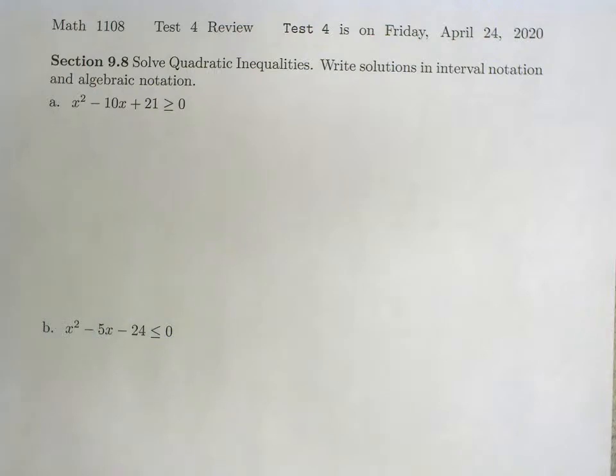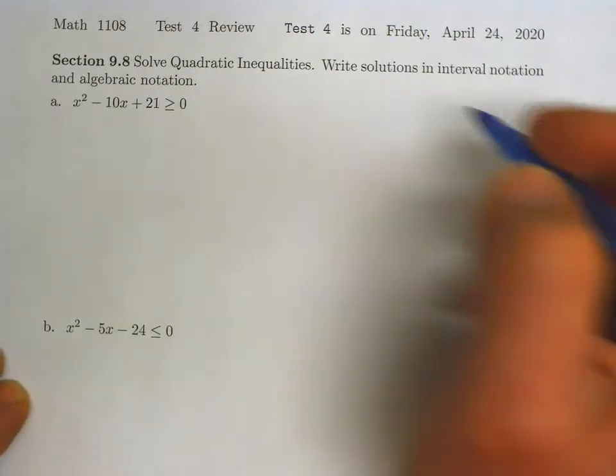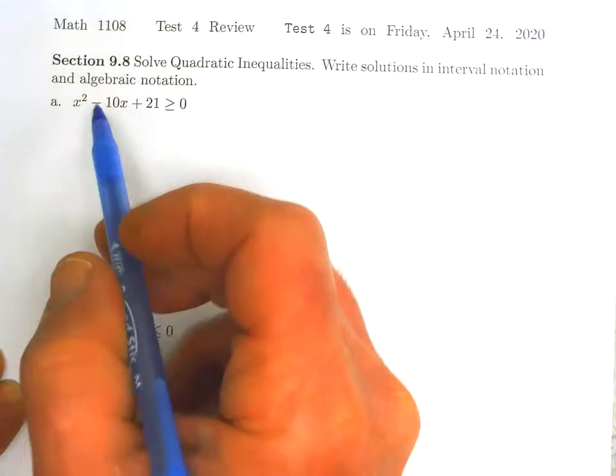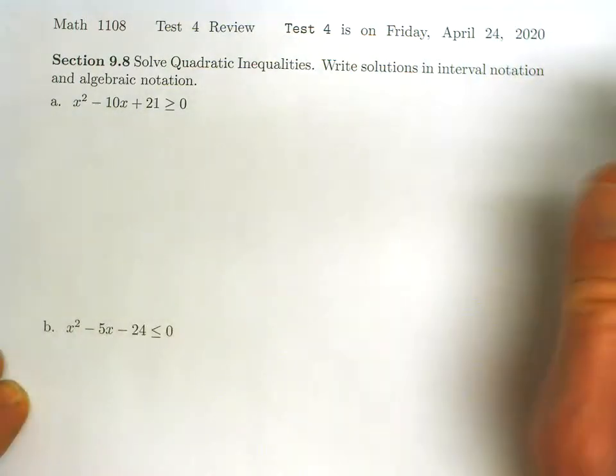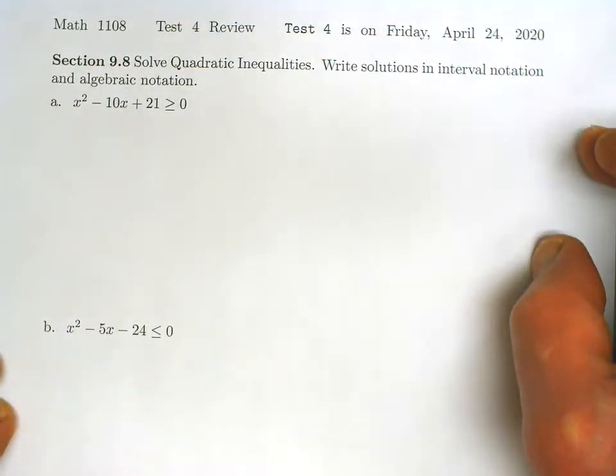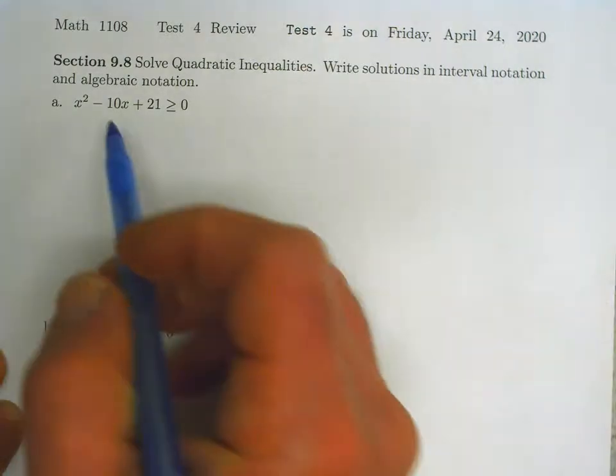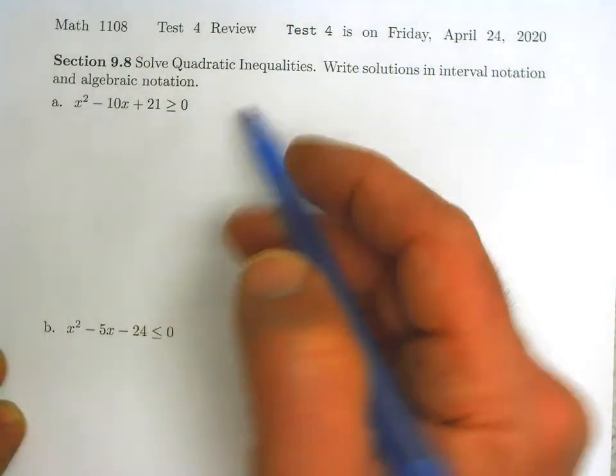Those are the endpoints. So to find the endpoints, we want to know what the factors are if we can factor it. And this one factors pretty nicely.